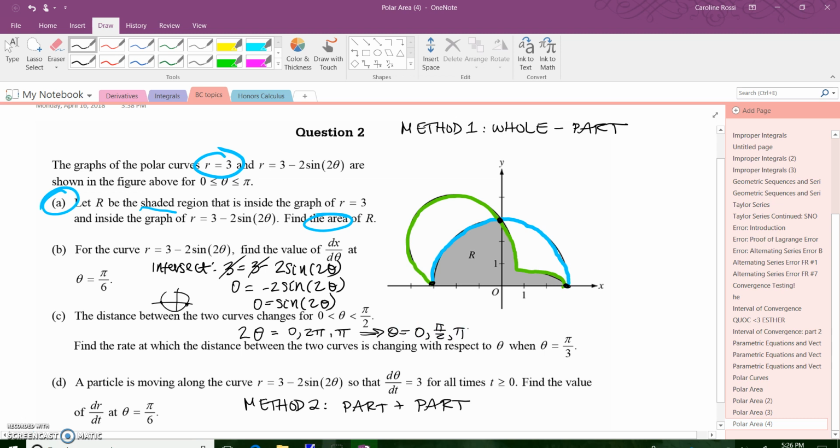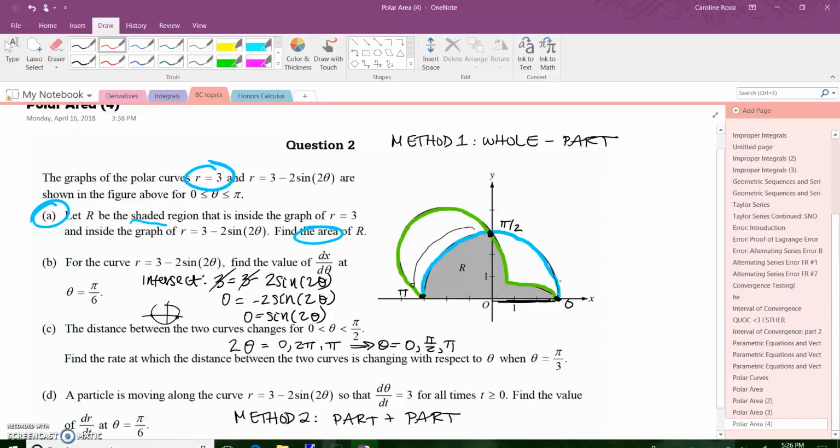So look at your picture here and see if that makes sense. We're starting our rotating right here when theta is 0. When I rotate around to pi over 2, they intersect, and when I rotate around to pi, they intersect. So these look good to go. They make sense. And if I'm going to find the area, one way to do it is to think about, okay, how can I view my whole entire region here?